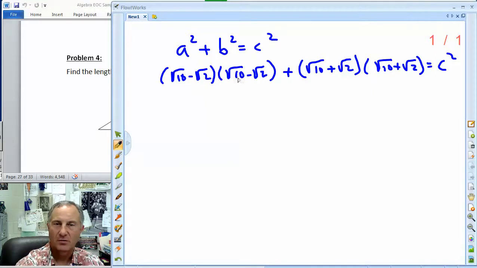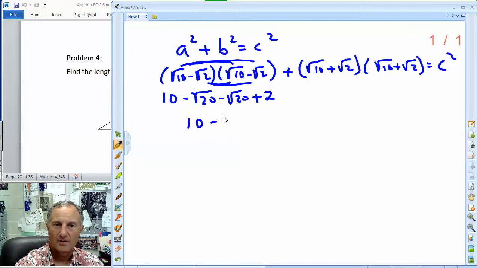This is just FOIL. Square root of 10 times the square root of 10 is the square root of 100, which is 10. Square root of 10 times a minus, that's minus the square root of 20. Minus another square root of 20 here. And minus minus, that's going to give us a plus square root of 4, which is 2. So we've got 10 minus 2 square root of 20 plus 2. You can make that 12 right there if you want.